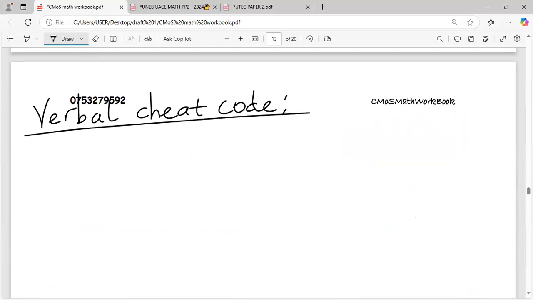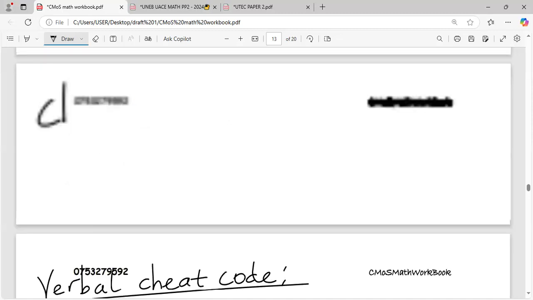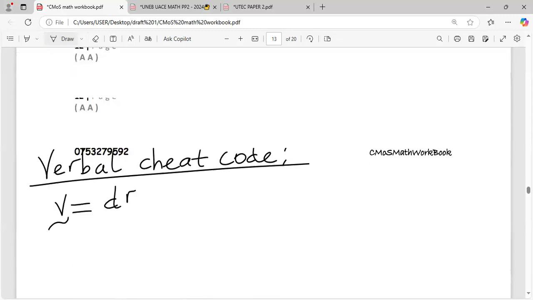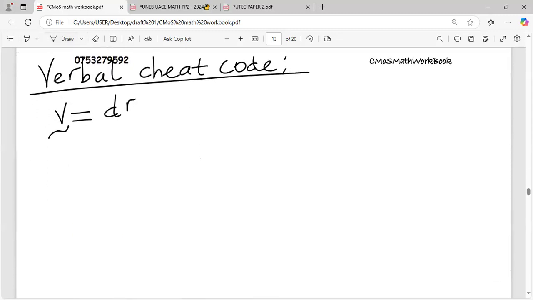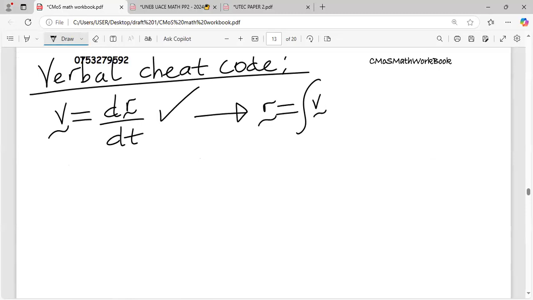If you know that velocity is the rate of change of displacement, you know that there it is differentiation. It is the rate of change of what? Displacement. That means, hence, displacement is the integral of velocity with respect to time. You understand? Without even doing a lot of the other steps.